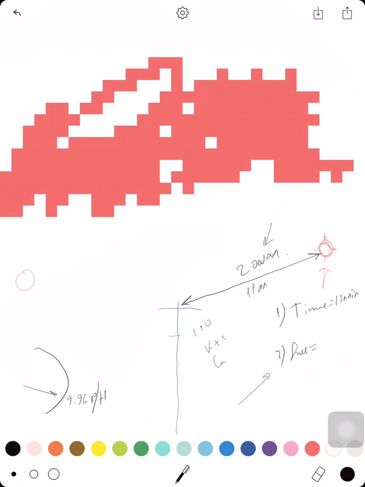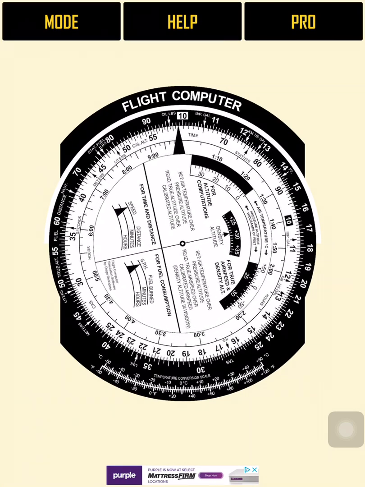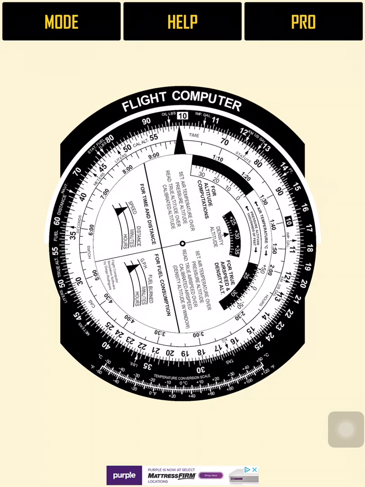So let's go back to the E6B. We're going to plot all these things. We know time is 11 minutes and fuel flow is 9.9 gallons per hour. We need to know how many gallons of fuel we're going to spend, so 9.9 in 11 minutes. We twist this under 9.9 right up here, gallons per hour, where this arrow represents the hour again. Then we go to the inner marker for our timing, which is 11 minutes, and that tick mark shows above right up here.